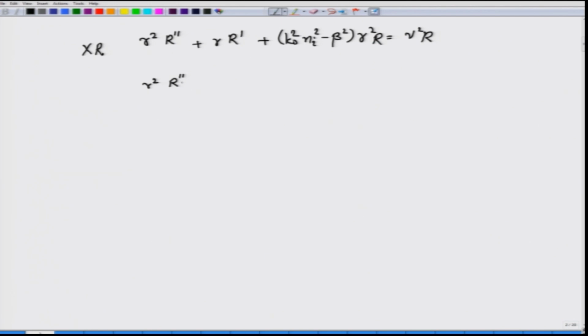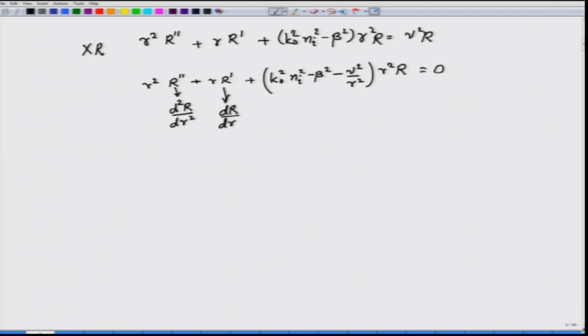So, now I have r square r double prime plus r prime plus k 0 square n I square minus beta square minus nu square by r square times r square capital R equals 0, where r double prime is d square R by d r square and r prime is d capital R by d r.